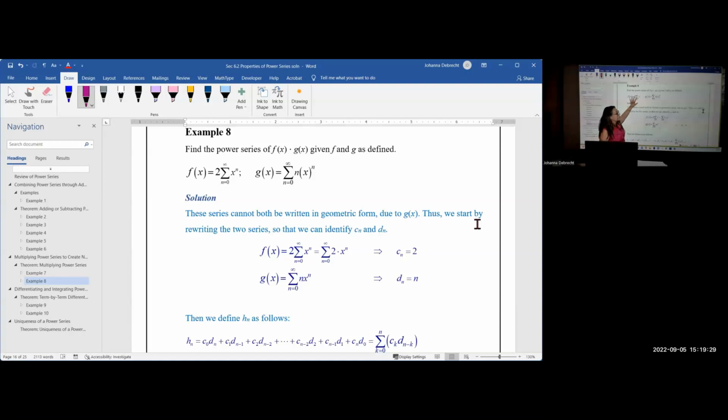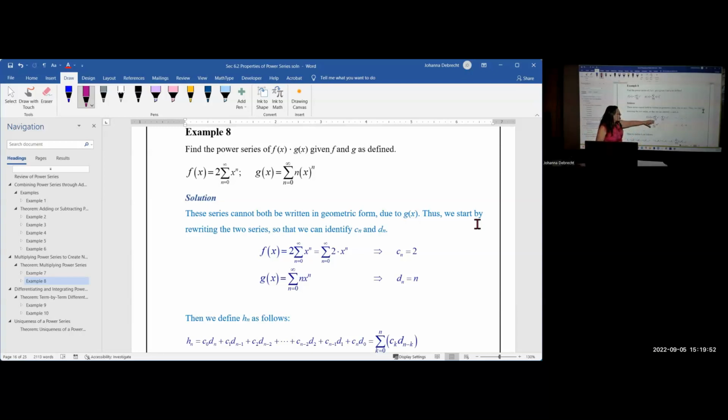Now, the first one we'll be able to use geometric series. Well, we've already talked through it. It's going to be magnitude of x less than 1. But what do we have to use whenever the series can't be written in strictly geometric form? Go back to section 6.1. Do you remember? The ratio test, right? So we may have to use the ratio test.